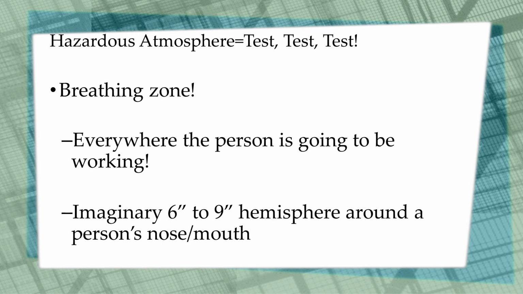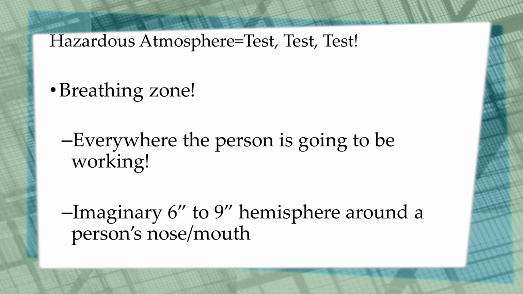And that 6 to 9 inches in front of their mouth into their shoulders is going to be considered their breathing zone. So we want to test in the area where the person is going to be standing, squatting, kneeling, where they will enter the space as they go down a ladder or up a ladder. And we want to test in particular where we think their face is going to be, where their mouth and nose is going to be.